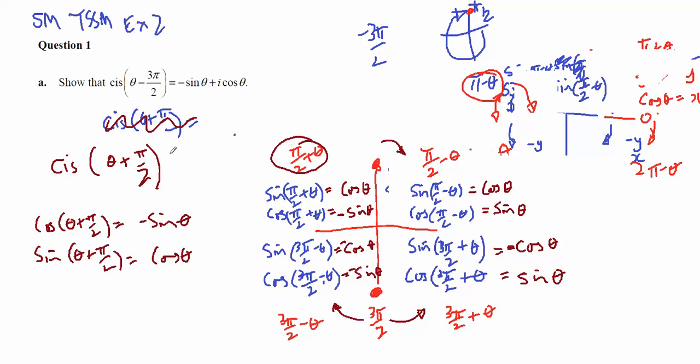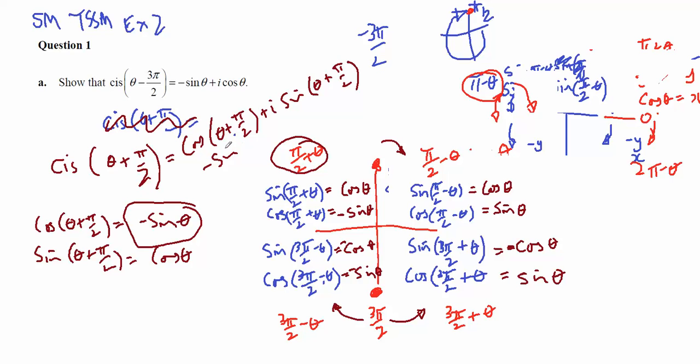So this is going to then equal cos of theta plus pi on 2 plus i sine of theta plus pi on 2. Cos of theta plus pi on 2 equals minus sine. So minus sine theta plus i cos theta, which is where that comes from.